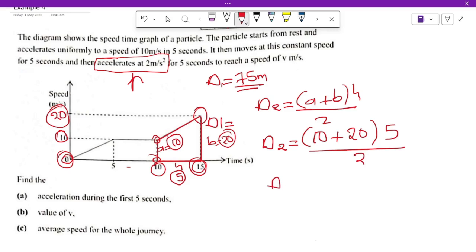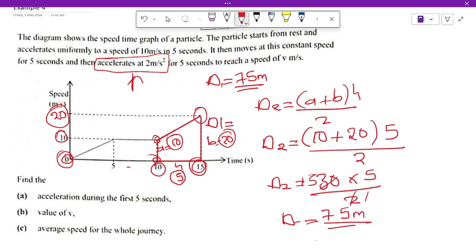So we can simplify here the 5 and the 2, so we simply add 10 plus 20 gives us 30 times 5, everything over 2. We can simplify there, 2 into 30 is 15. Okay, 15 times 5 is 75 as well, right? 5 times 5 is 25, 5 times 1 is 5 plus that 2, 75. So distance 1 and distance 2 are both 75.